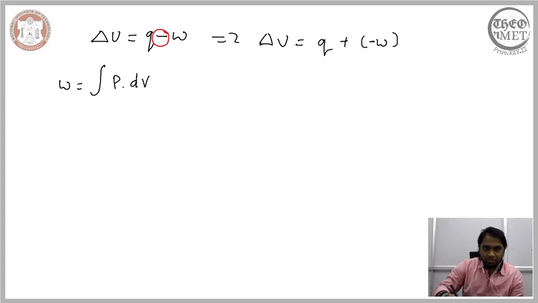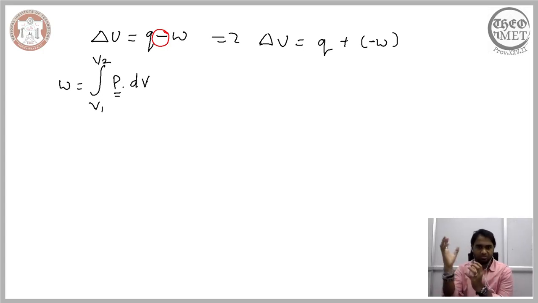So the work done can be quantified as the product of the pressure and the change in the volume, and this assumes that the pressure is constant. This standard description comes from the standard description of work in Newtonian mechanics, which is nothing but force times displacement. We are replacing force with pressure here and the displacement with the change in the volume.